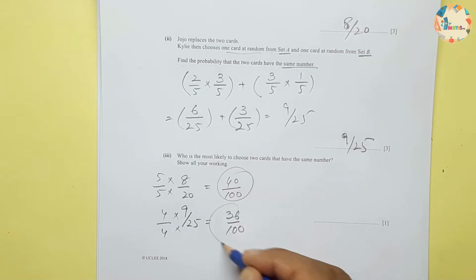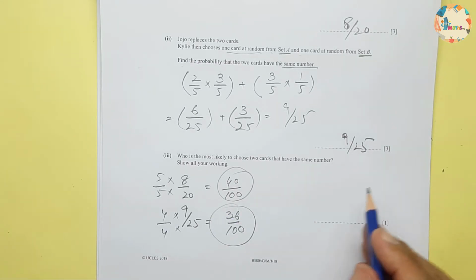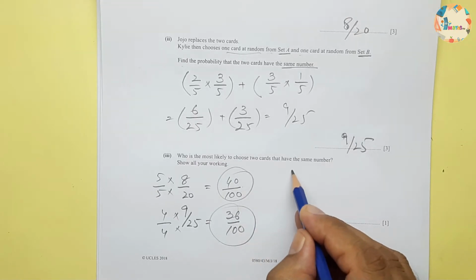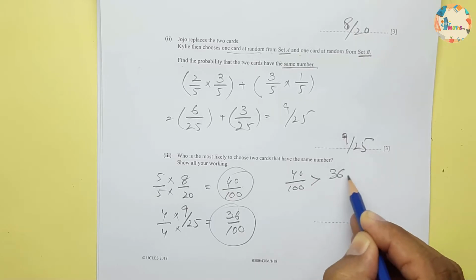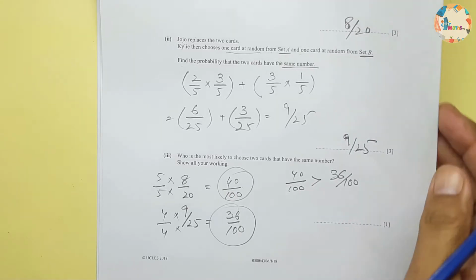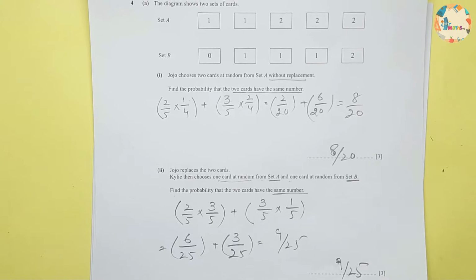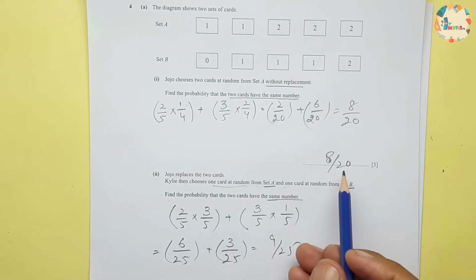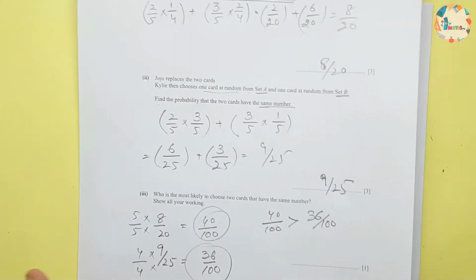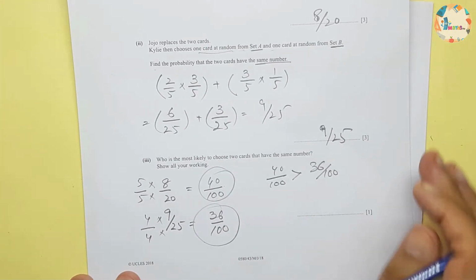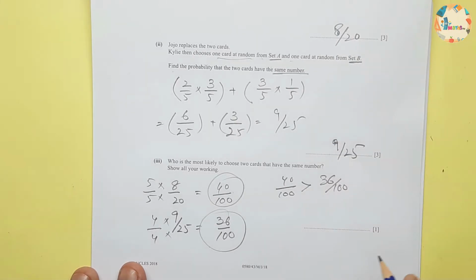If we compare these two, we will know that this will be more. So we can write 40 over 100 is greater than 36 over 100. This will be the reason to prove that Jojo will have the higher probability. So we can write our answer here as Jojo.